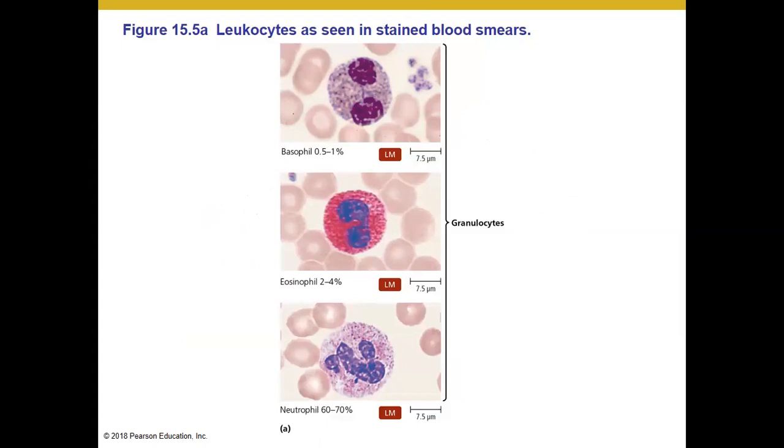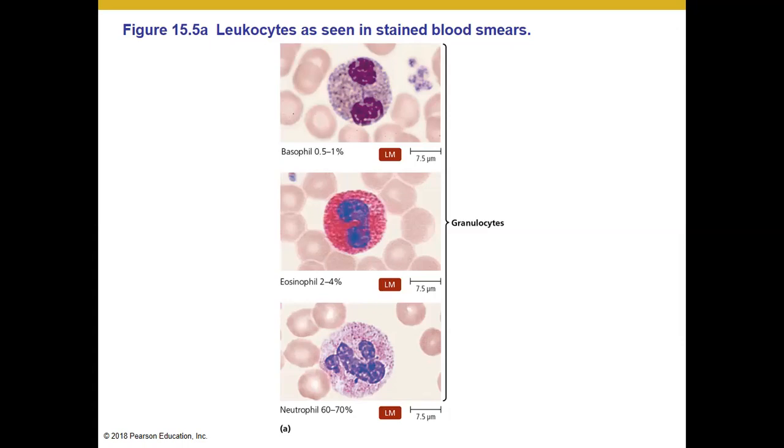Up top, you have a basophil. Actually, I think this is not the best representative picture of a basophil. Typically, the granules are so dark, like a dark blue purple, that you can't even see the nucleus. Note too that these granulocytes are somewhere in the range of at least 2 to 3 times bigger than a red blood cell that you can see in the background.